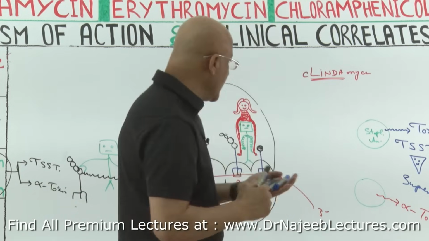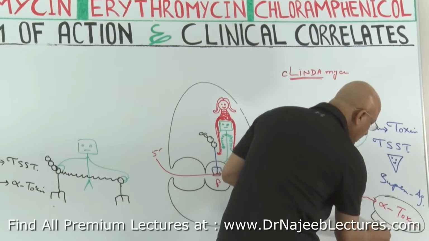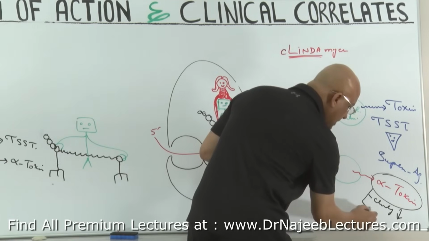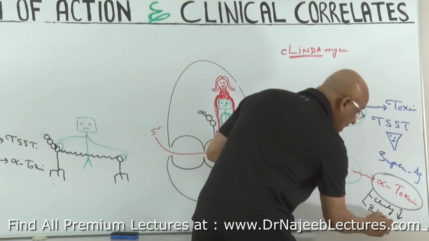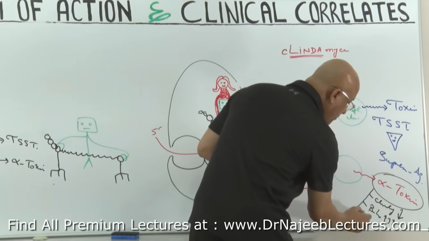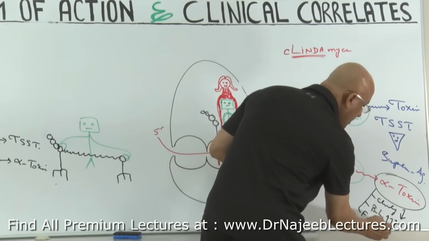So, what we can say about this alpha toxin, right? Clindamycin inhibits its production. Beta-lactams actually increase their production, and fluoroquinolones also moderately increase the production.